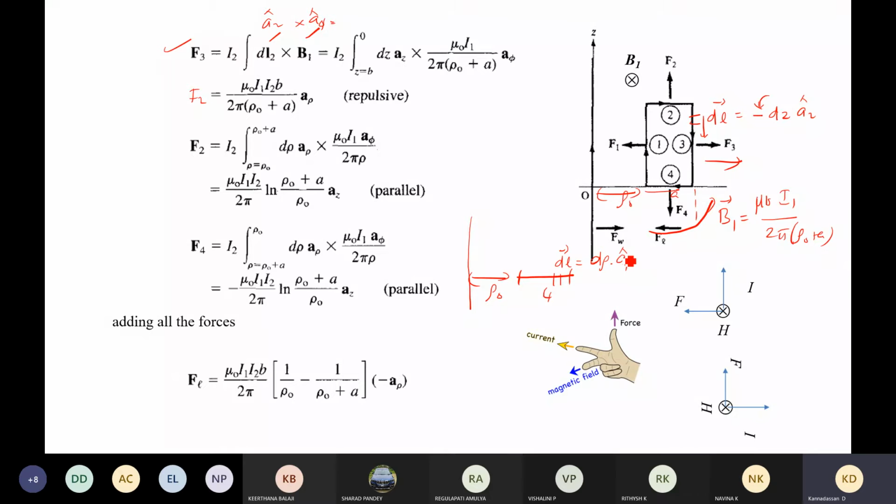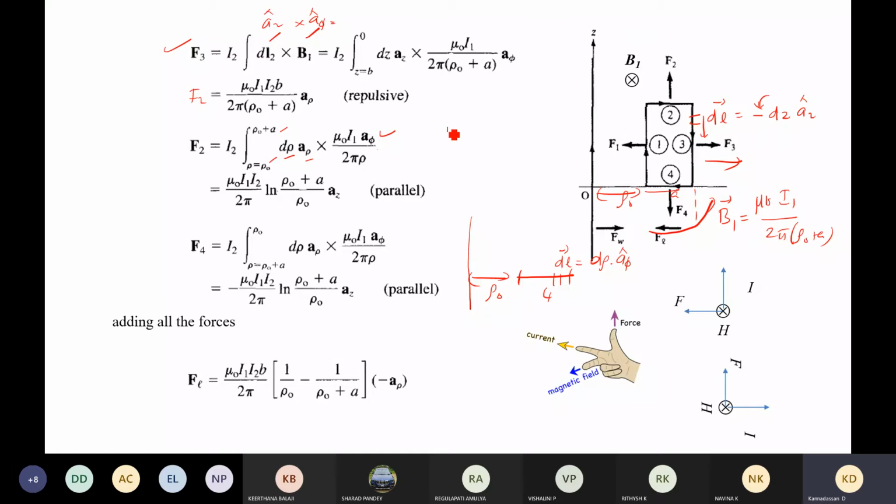Now we have to take the cross product with the B, which is coming into the picture. The B value is very well known. With respect to rho, it is going to change from rho naught to A plus rho naught, and this d rho a rho vector is coming from the dl vector. We are going to take the cross product of that, and then you have this integration to do.